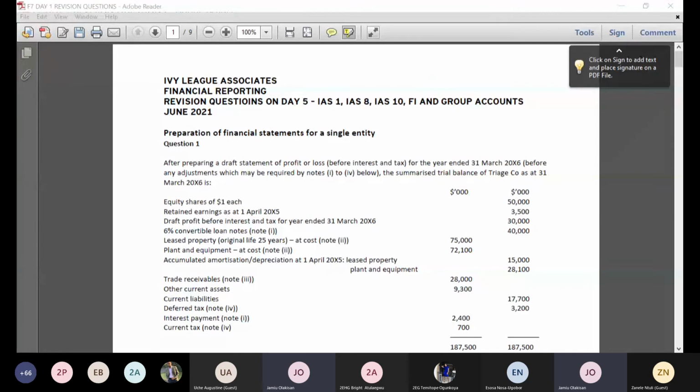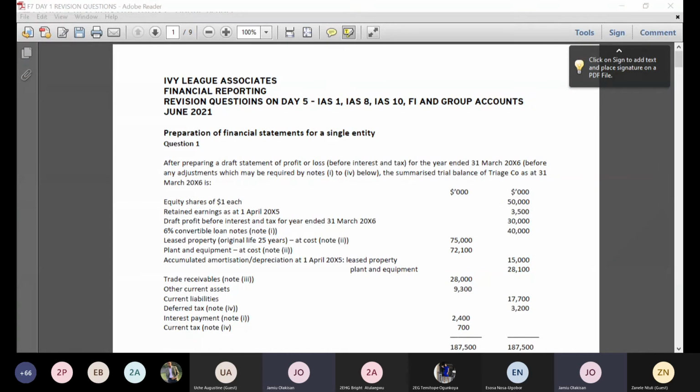Number one, if there is a new pronouncement, a new standard, or a new interpretation that has just been released by the IASB and is forcing you to change your accounting policy, that is the first condition under which you can change.